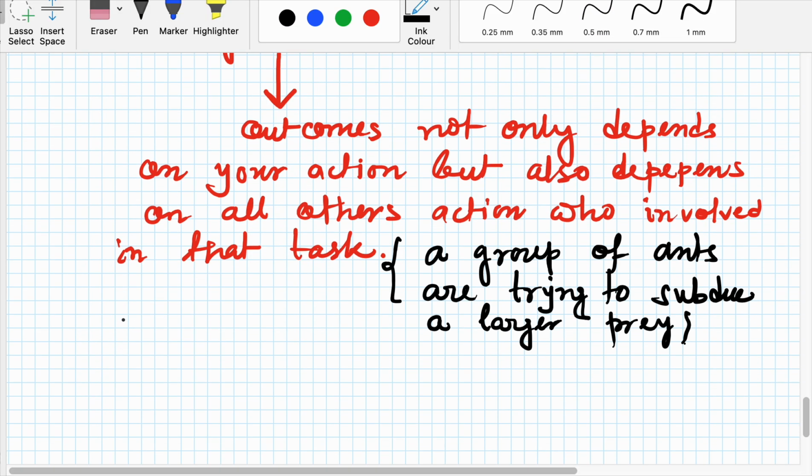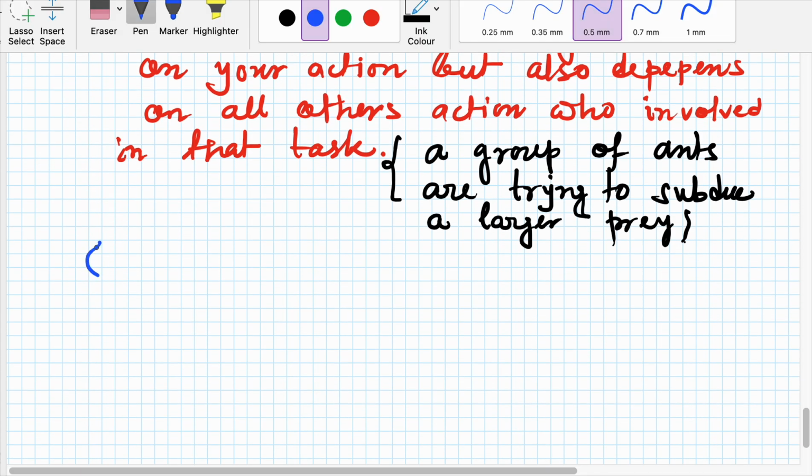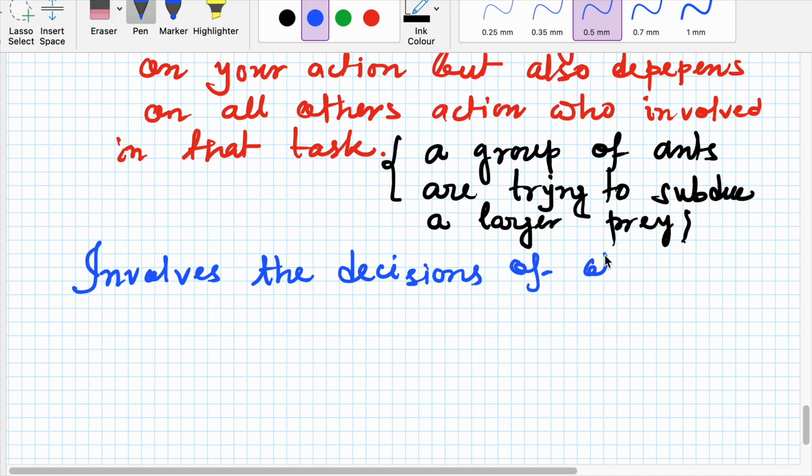That means strategic interaction naturally involves the decisions of others.